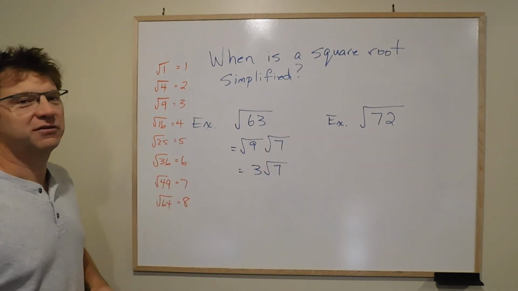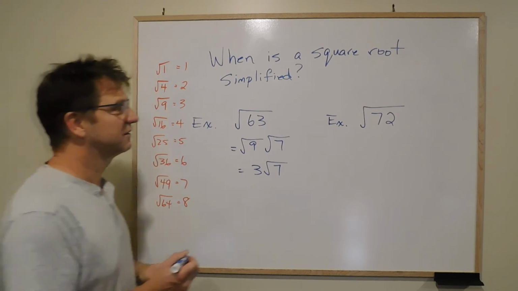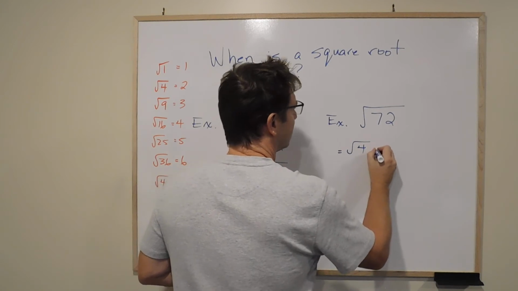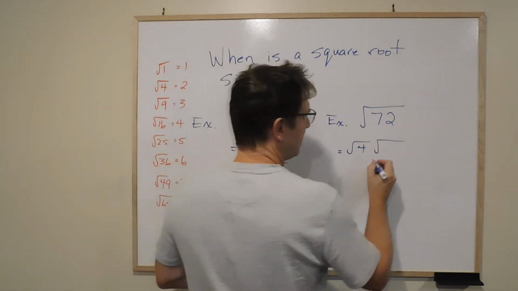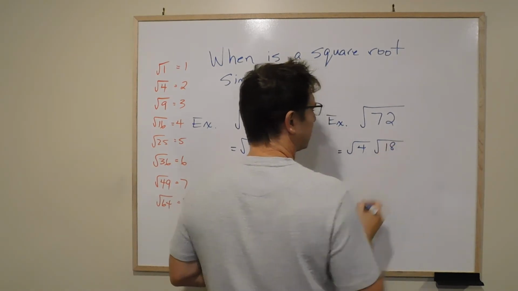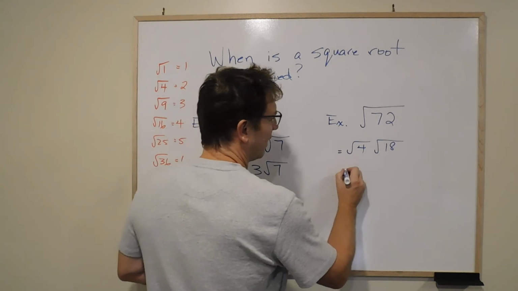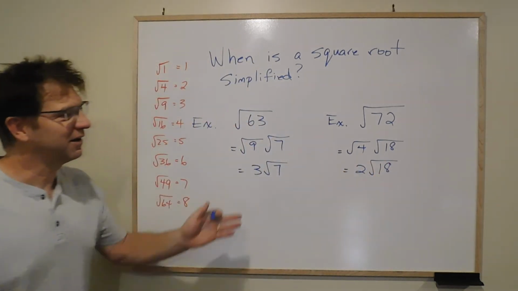Square root of 72. Well, 1, no, 4, yes. Square root of 4 times the square root of 18, it looks like. Right? So that square root of 4, I like that because that's 2 root 18. And I'm feeling, hey, great, look at that, I did it.